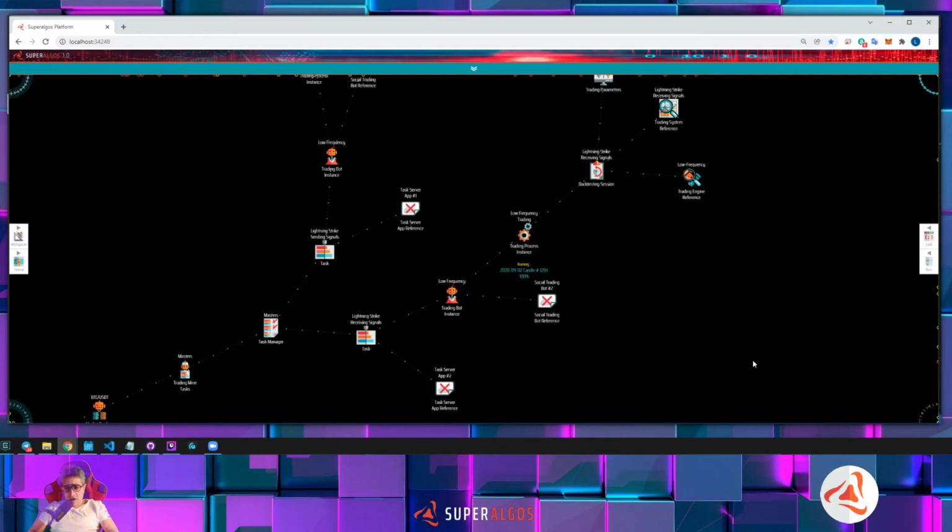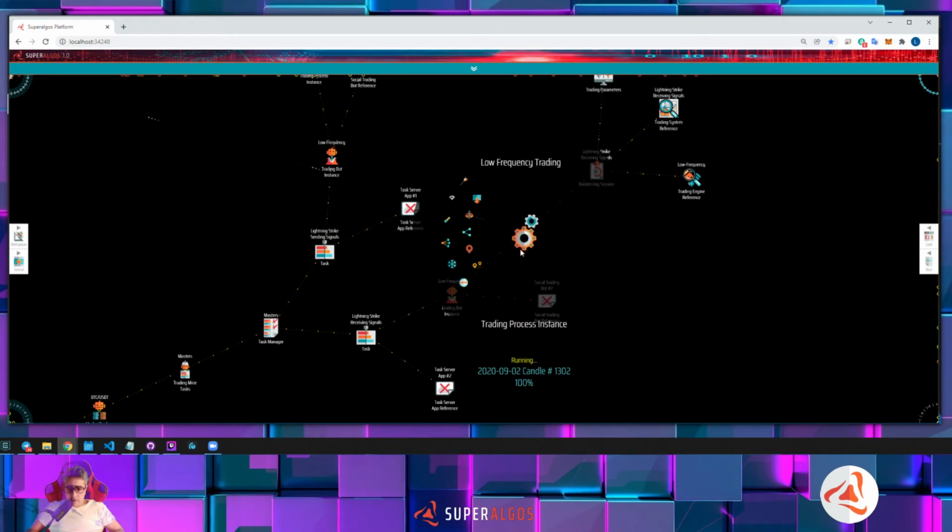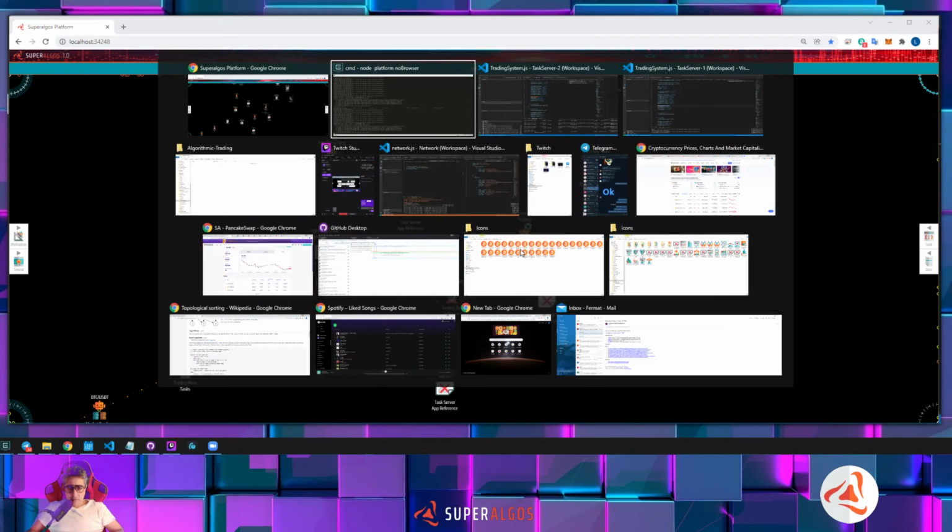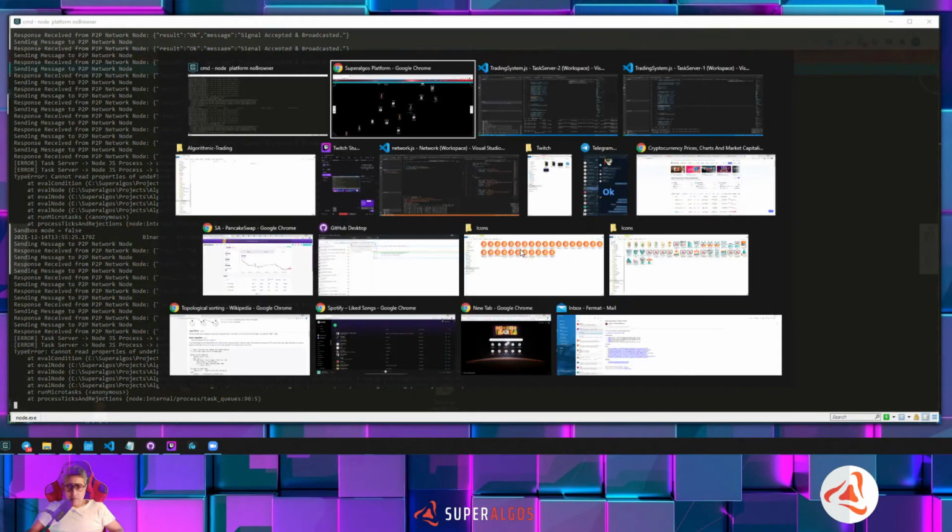If it doesn't crash, then that will give me a hint that the problem is related to having signals at all. What happened here? This stopped. It's just stopped.